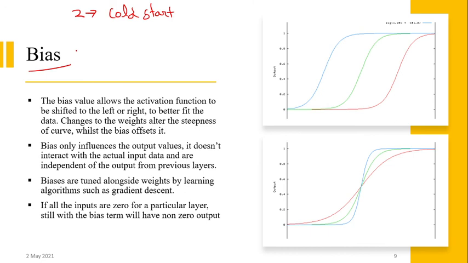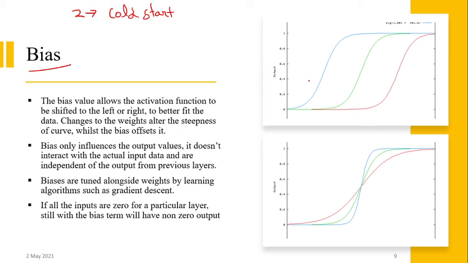Bias will save us from giving an output of 0, because B has some value. Let's say I am putting in a black image where all inputs are 0. In that case your system will collapse, so bias will save us from the collapse of the system.